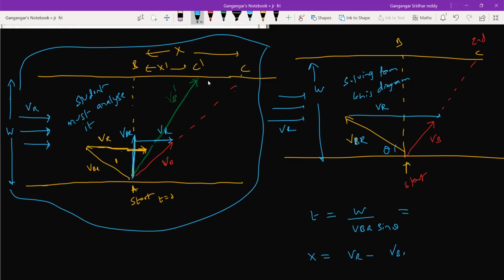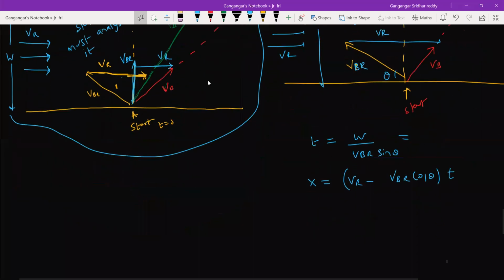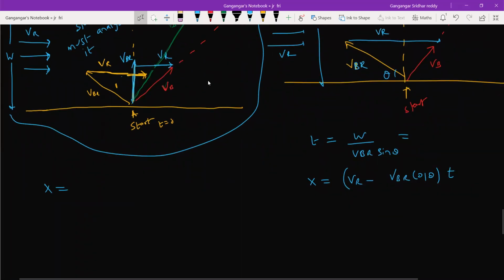VR minus VBR cos theta into T. Shall I write directly? VR minus VBR cos theta. Let me substitute that value: x equals VR minus VBR cos theta, times T, where T is W by VBR sine theta.